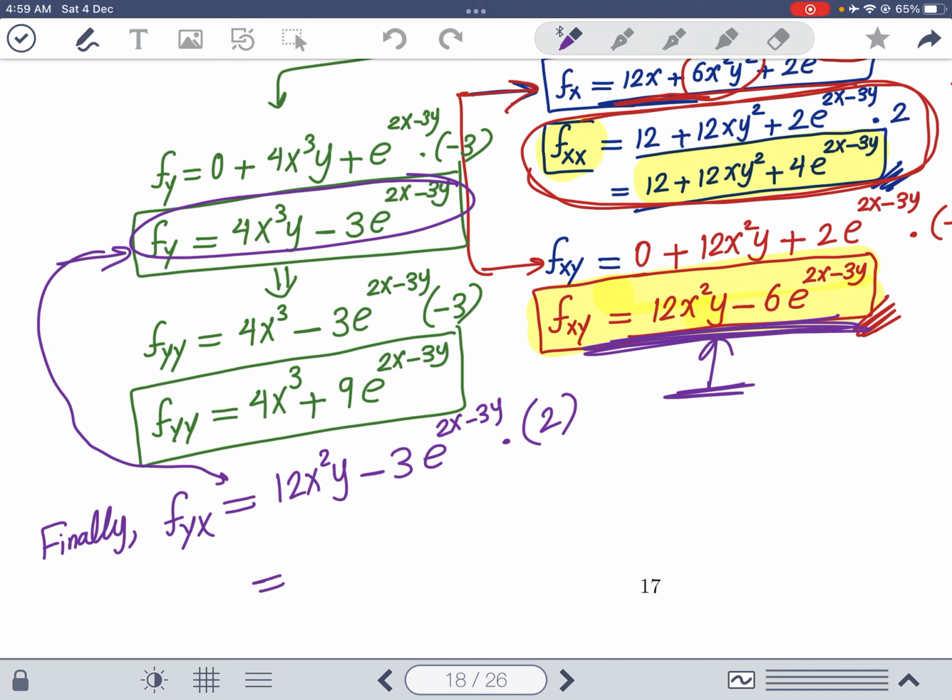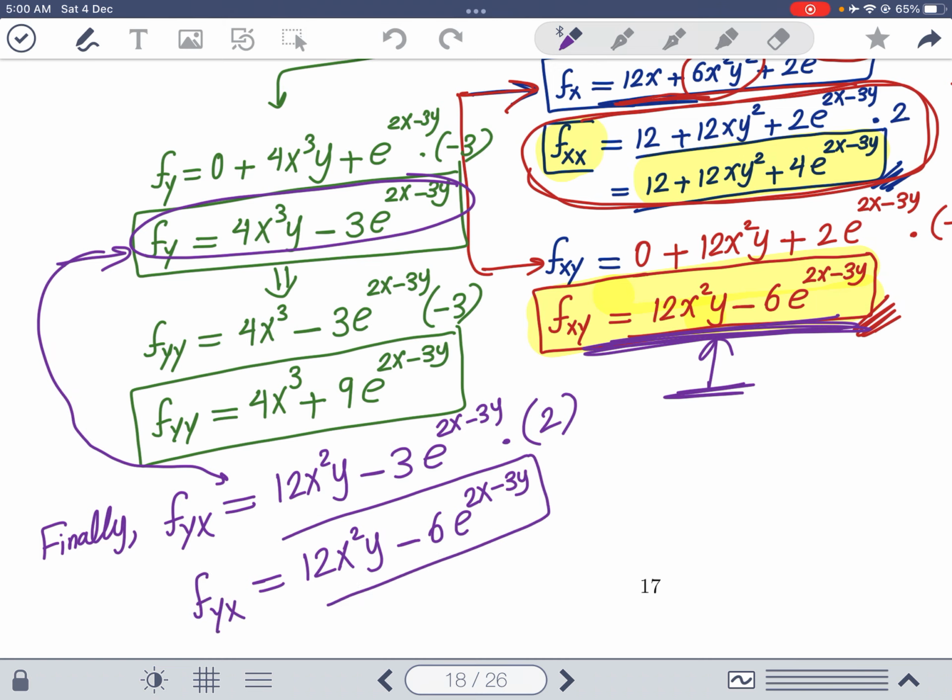And so this becomes 12x squared y minus 3 times 2, 6, e to the 2x minus 3y. Let's compare this fyx that we got to the one here. Are they the same? 12x squared y minus 6e to the 2x minus 3y. Perfect. So the mixed partial derivatives we got are the same.